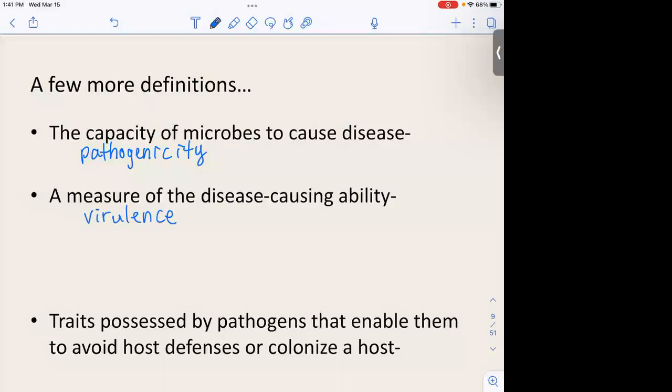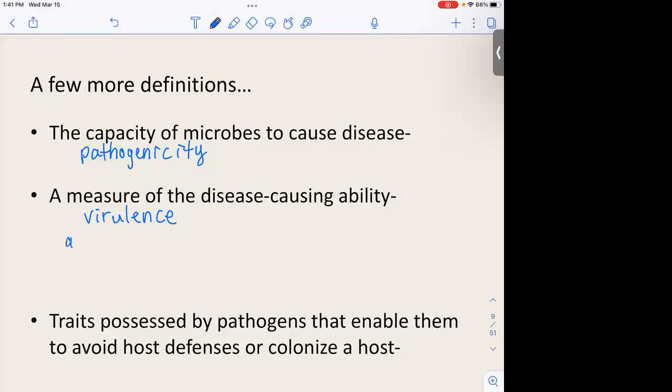If we were using these two terms correctly, when we say is something pathogenic or not, that's just a yes, no answer. Yes, it's pathogenic. No, it's not. It's not correct to say, oh, it's really pathogenic. It's more correct to say that an organism that's a pathogen has very high virulence or is avirulent.